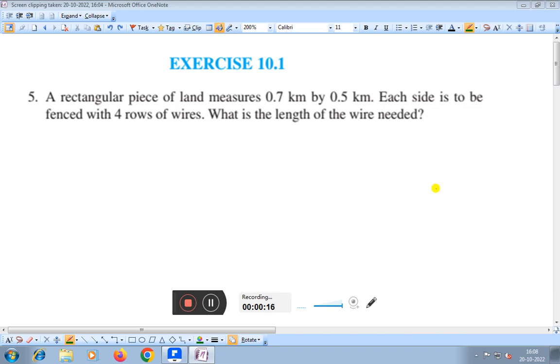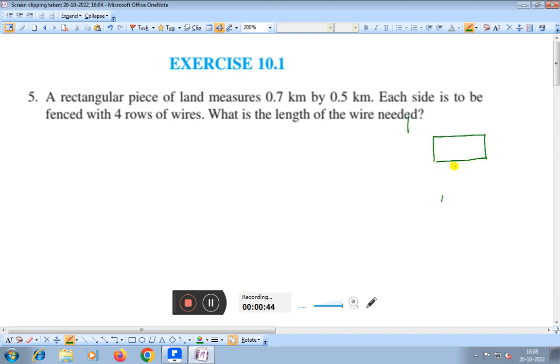Right. Let us find. Suppose this is the rectangular piece of land. This is the length.